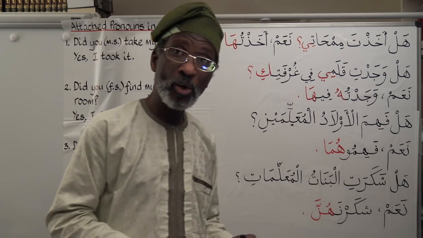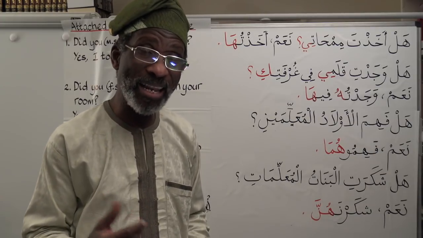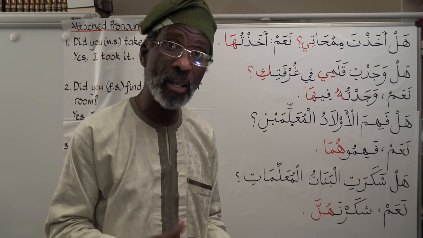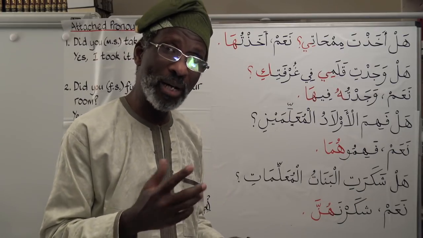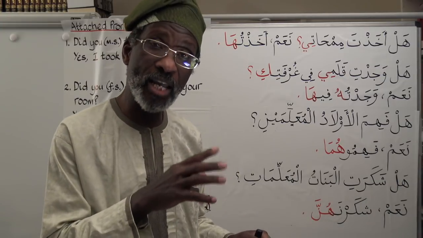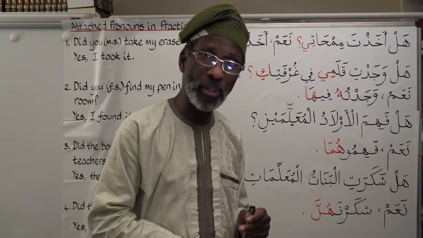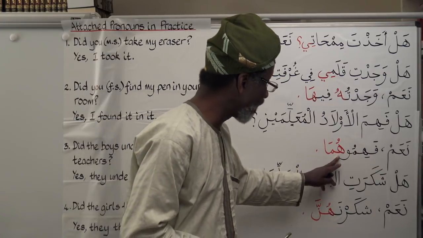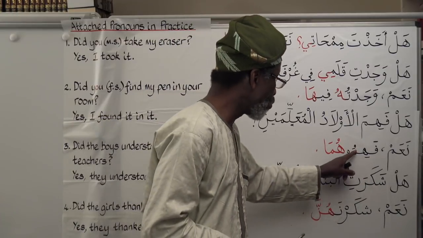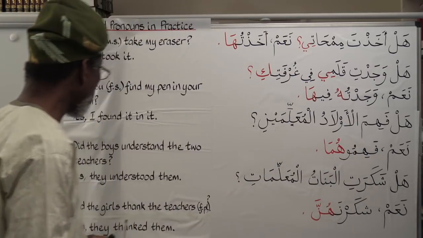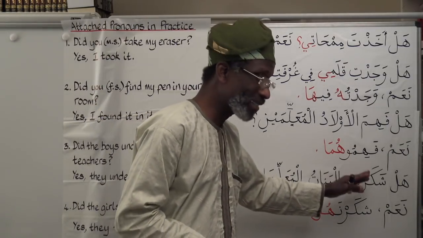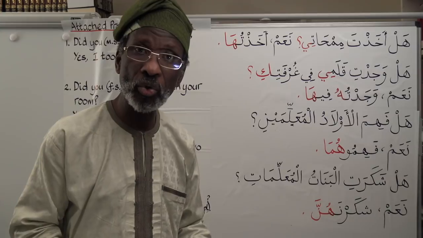Fahimu, remember your conjugation when you say "they", meaning three people or more, masculine, understood. You say fahimu. Now, when you write fahimu in isolation, you put an alif after the waw, by convention. But when you have the attachment here, the alif is gone. And this is huma. Fahimuhuma. They understood them. That's meaning two teachers. Yes, they understood them.